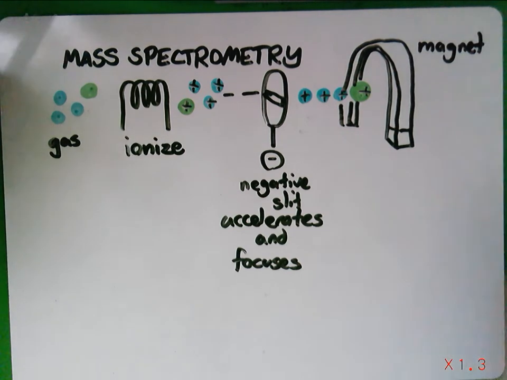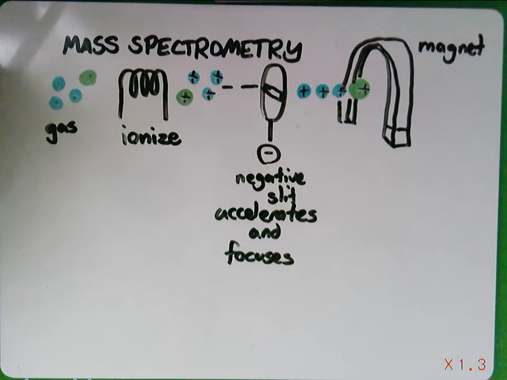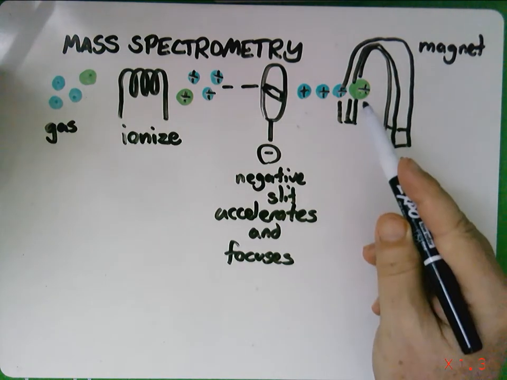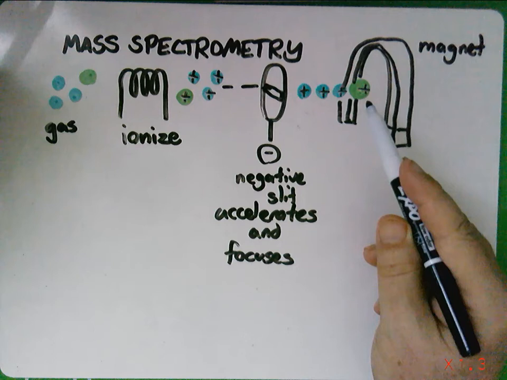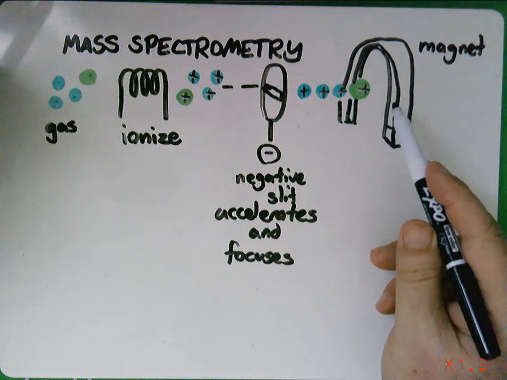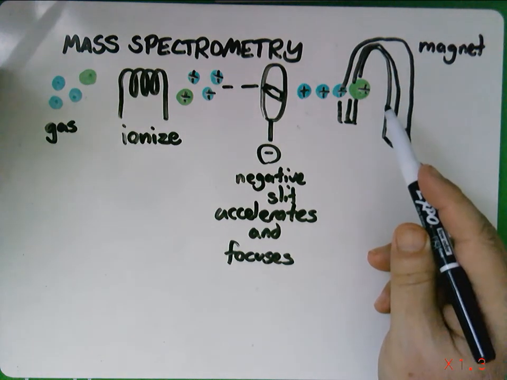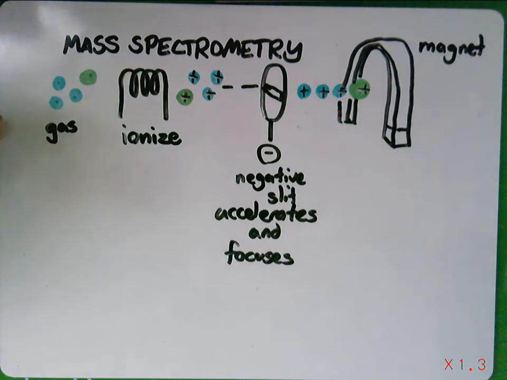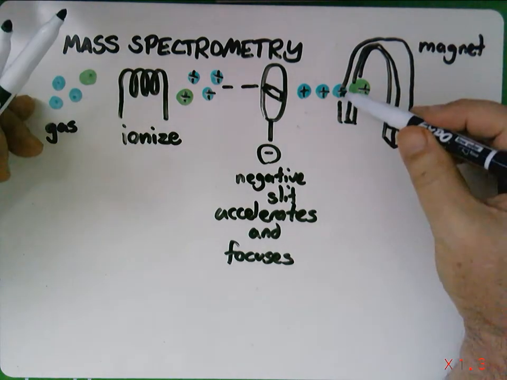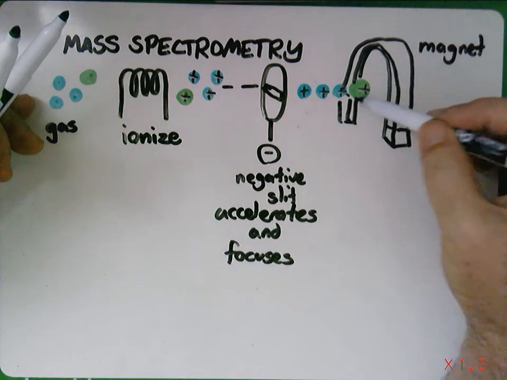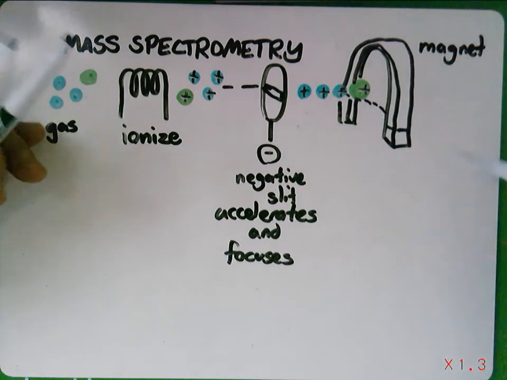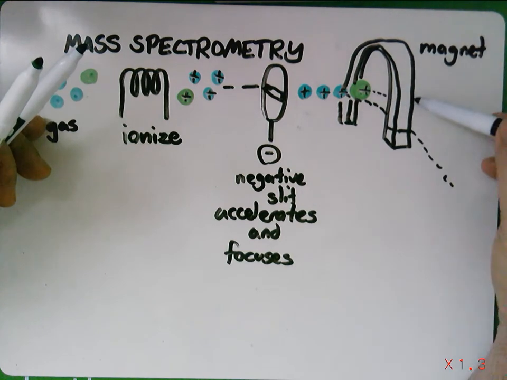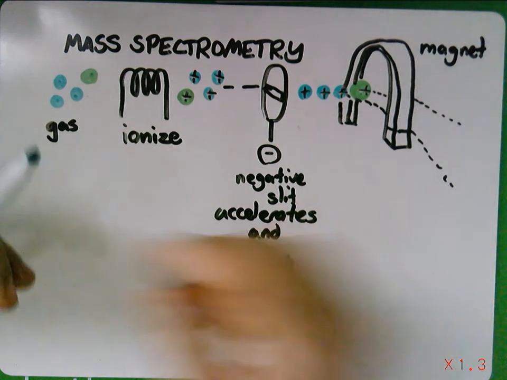We have seen that when you have charged particles that are moving very fast, and we've got the charged particles moving very fast now, a magnet will exert force on them. They will bend, their trajectory will bend. And it turns out that if you've got very light ones, they will be bent in the magnetic field quite a lot. And if you've got very heavy ones, they will be bent not so much.